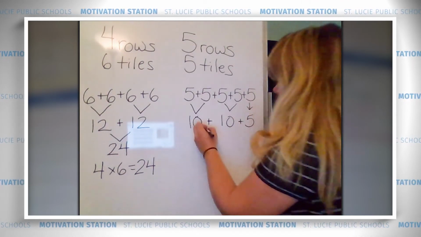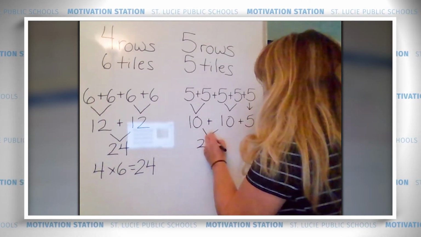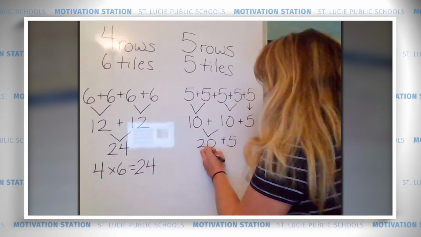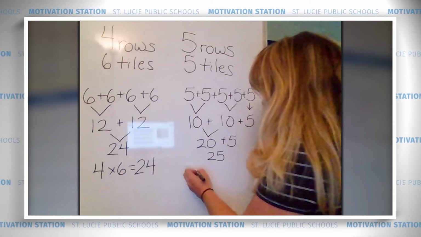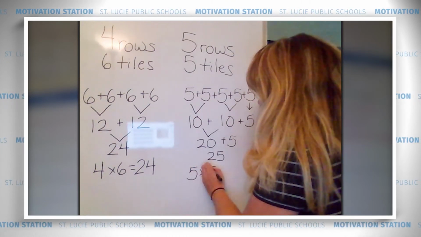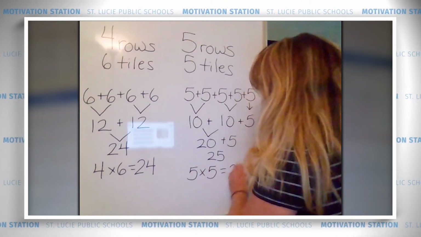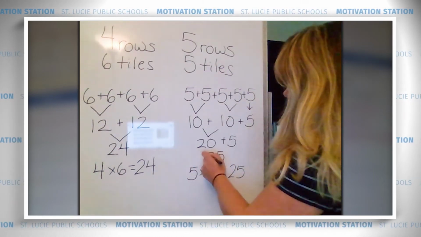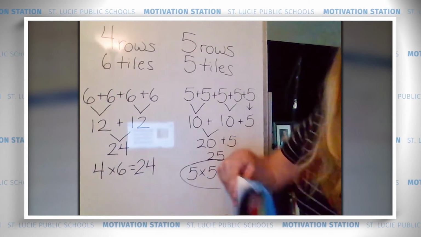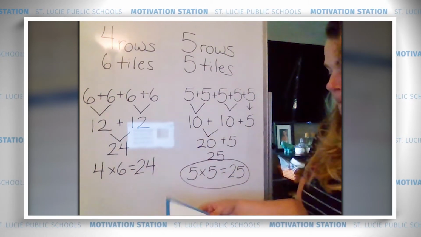Now I can combine my 10s. That would give me 20 plus 5, which would give me 25. And my multiplication equation would be 5 times 5 equals 25. 25 is greater than 24. So I'm going to circle that one. Okay?